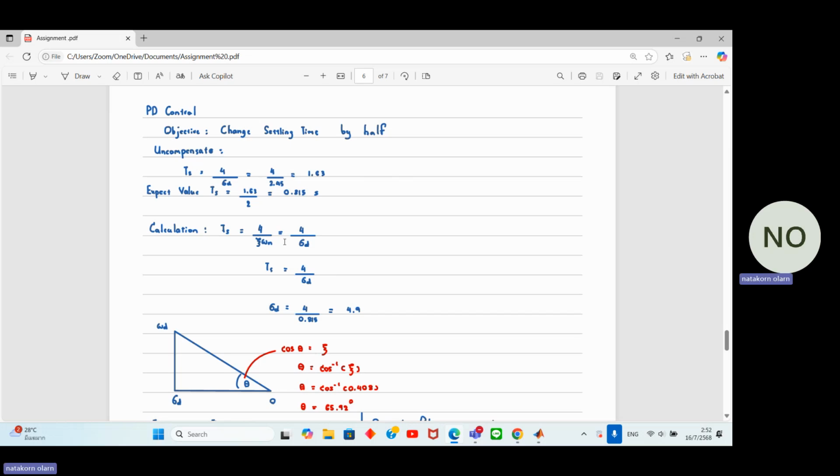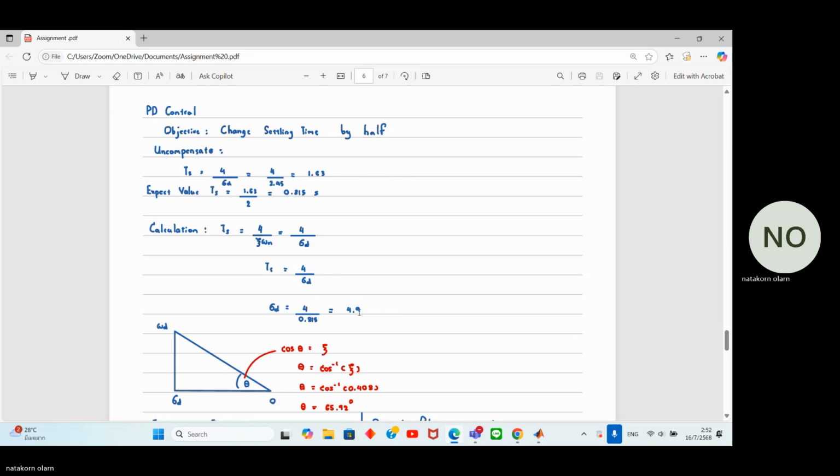And then I have to calculate the design point to use to calculate the PD compensator. So first I calculate the zero first.